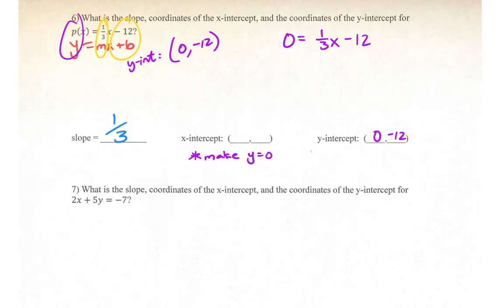Move that 12 over by adding 12. 12 equals 1/3 x. Then I can undo the fraction by multiplying by the reciprocal. The reciprocal of 1/3 is 3 over 1, or just 3. So that makes that cancel out. It was the reciprocal, so it makes it go away. So I have x equals 3 times 12, which is 36. So my x-intercept is going to be 36, comma 0.